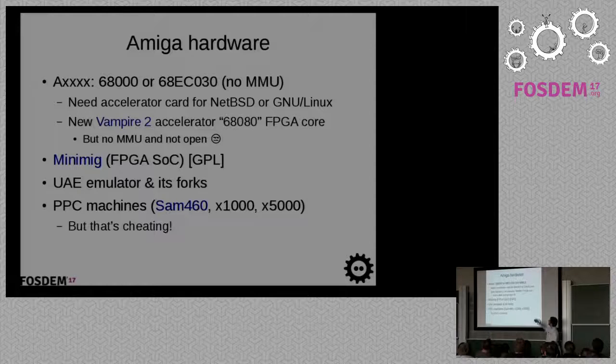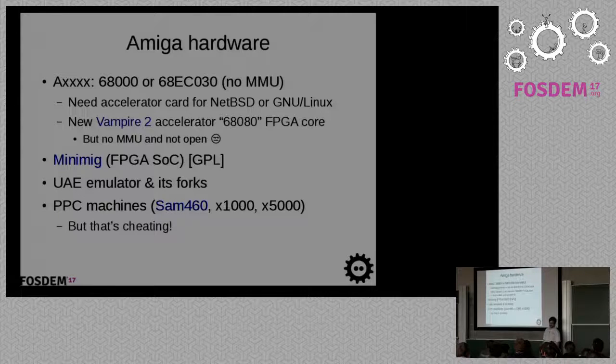So the Amiga usually had a cheaper version of the CPUs, so you had to add an accelerator card to get an MMU and, well, GNU Linux or BSD. But there is still new hardware in the Amiga world as well. The new Vampire 2 accelerator, but it lacks an MMU. And FPU, right?